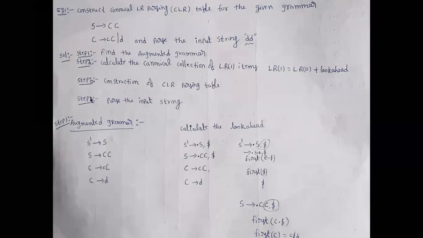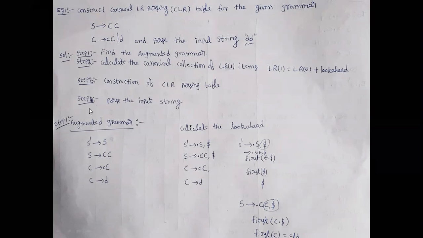The main difference between SLR and CLR is that in the SLR parsing table we calculate the canonical collection of LR(0) items, and in the CLR parsing table we calculate the canonical collection of LR(1) items.